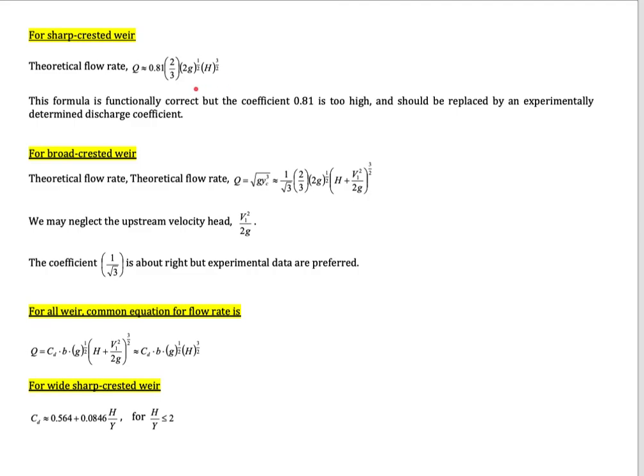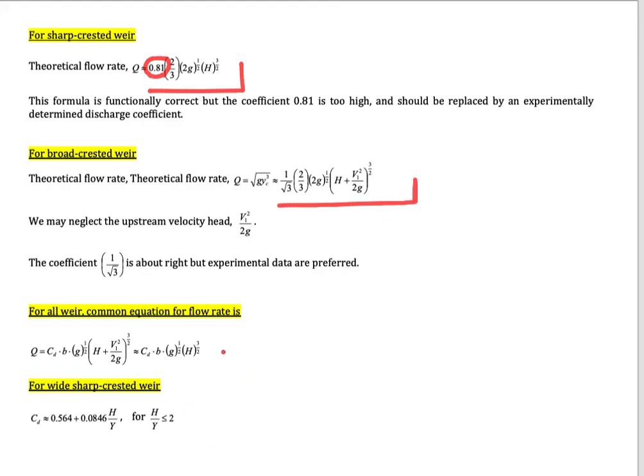So the flow rate for a sharp crested weir can be written as this, and the value of 0.81 is actually the coefficient. It can change in a question, and it could change according to the validation of calculation and the real works. And then for the broad crested weir, the calculation of Q, the flow rate, can be found like this.